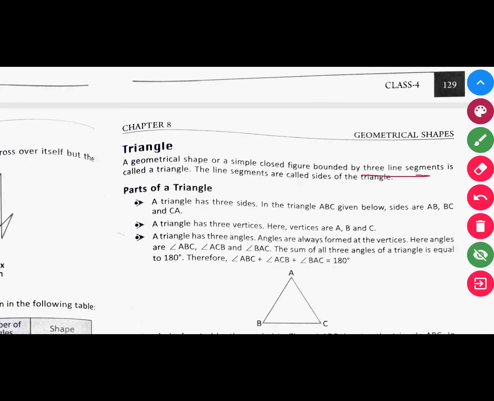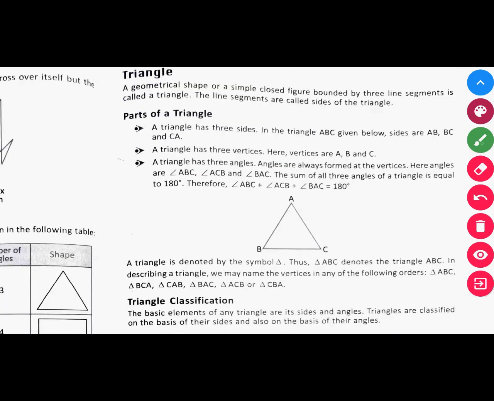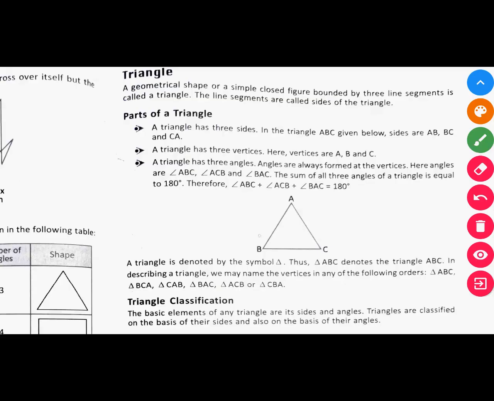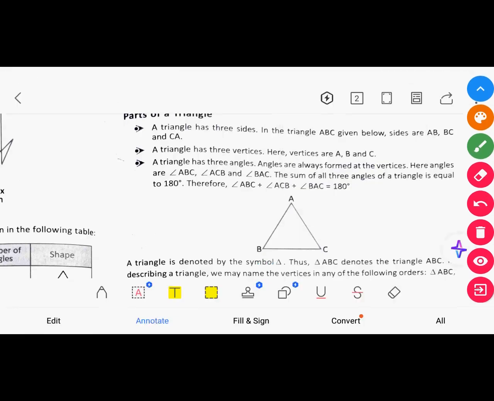If 3 line segments are bounded to form a closed figure, a simple closed figure, that geometrical shape is called a triangle. A triangle has 3 sides, 3 vertices, and 3 angles. I already showed you, again I will show. Vertices we will show with the yellow color.